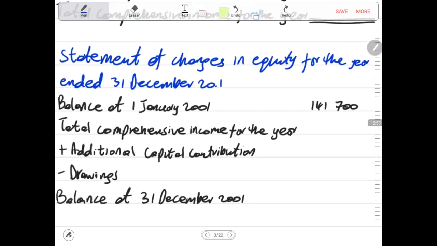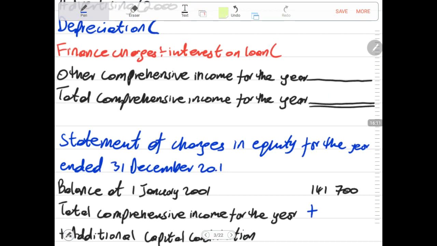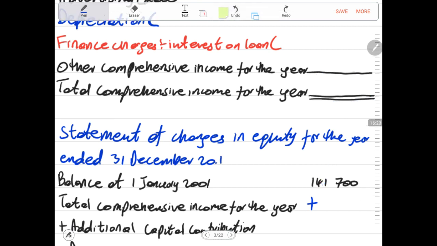The other one to be recorded, the total comprehensive. In other words, when we are doing this rough draft, you need to know what goes where. Now remember, the amount here is the amount that comes from the total comprehensive. The amount that we will get here, we transfer it here as it is, and there is a method mark for transferring that amount from the income statement into the statement of changes in equity.